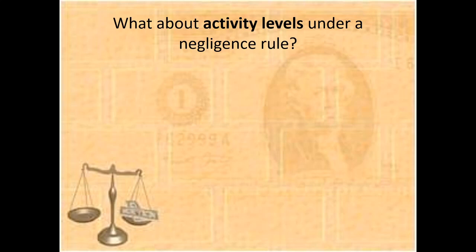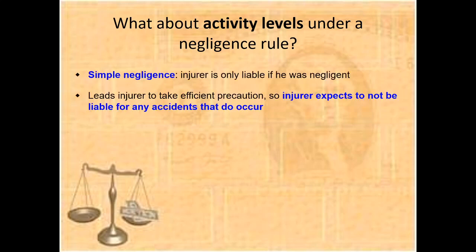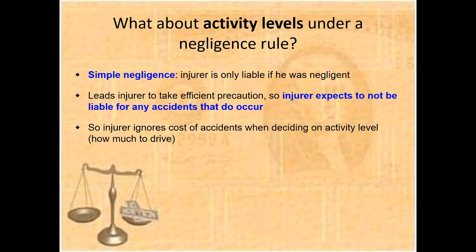But we haven't actually talked about what would happen to the activity level under the negligence rule, the different negligence rules. The four main negligence rules are simple negligence, comparative negligence, and negligence with the defense of contributory negligence, etc. So let us talk about the simple negligence.